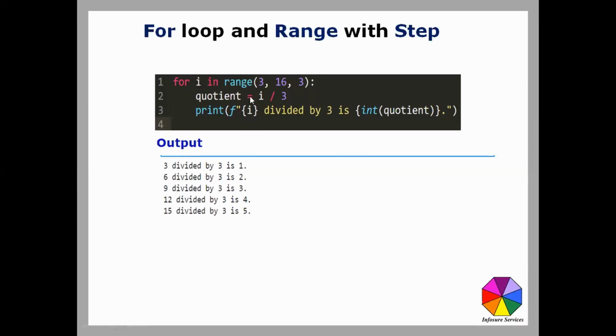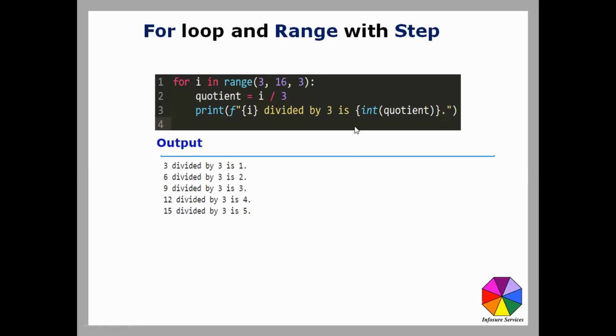The value of the index, 3, 6, 9, and so on, is replaced here, and divided by 3 is the quotient, typecast to int, giving 1, 2, 3, and so on. So this is a print format, and you're generating an output like that.